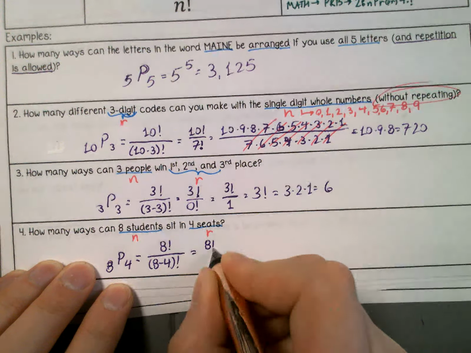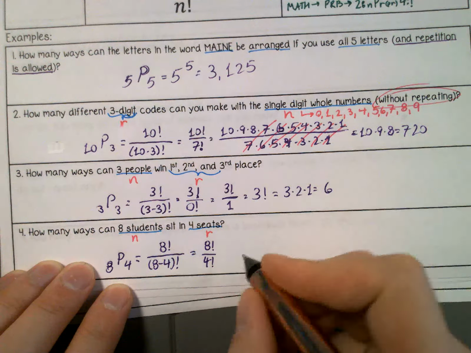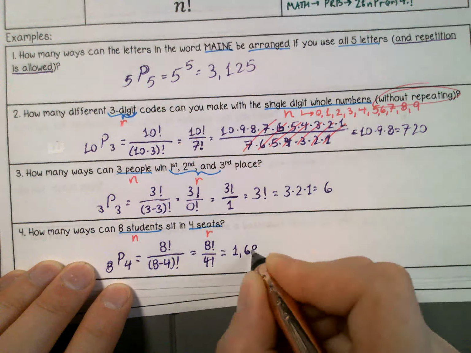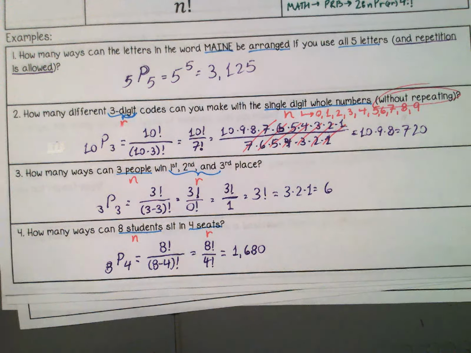That gives me 8 factorial over 4 factorial, which equals 1,680 if you were to plug in the calculator or list it out. But I'm going to skip that for right now because I think you guys get the idea of where this is going and how to do these.